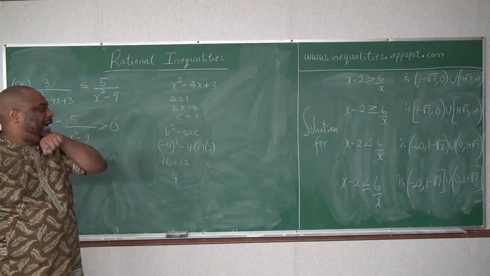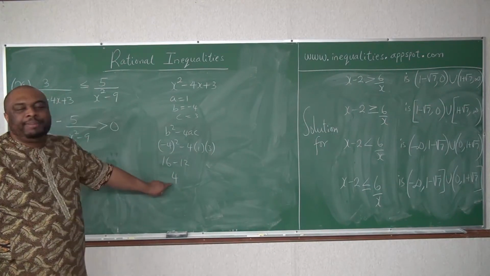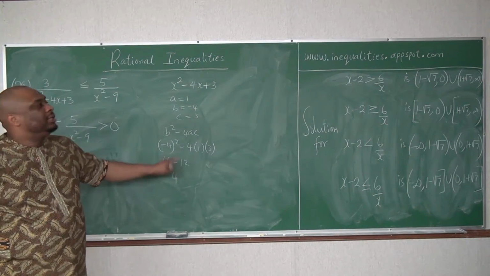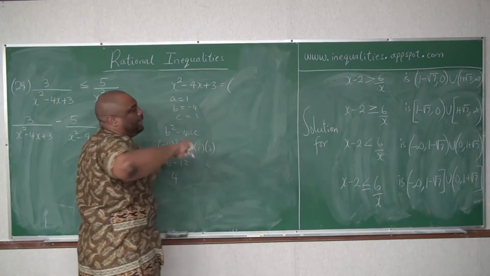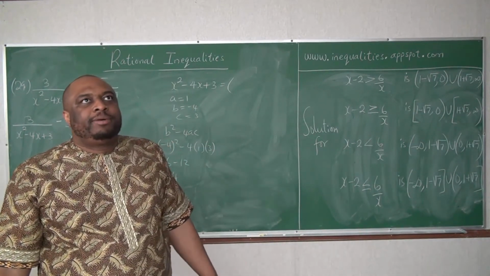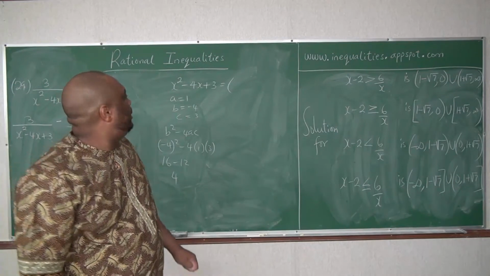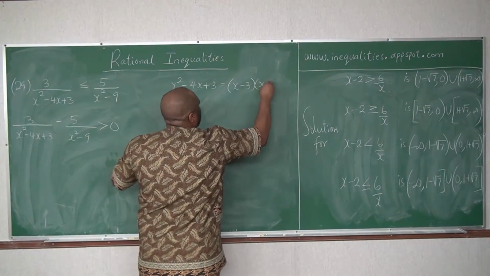So we can factor that. The discriminant is a perfect square. So we can factor this, and this will give us x minus 3, x minus 1.